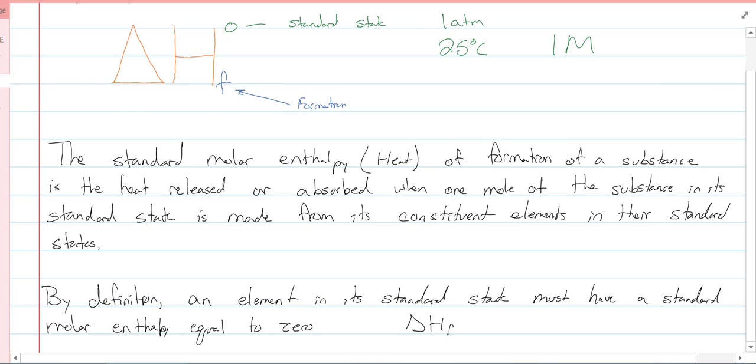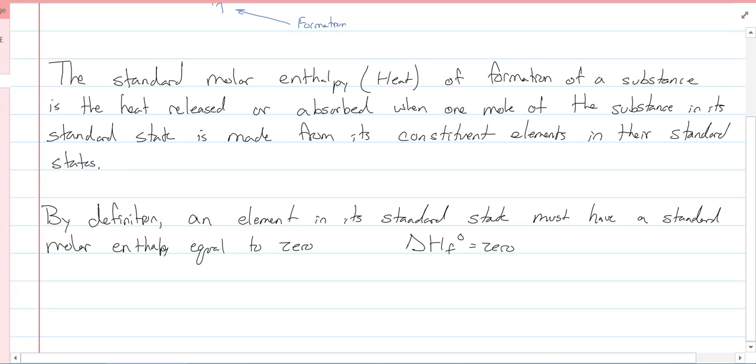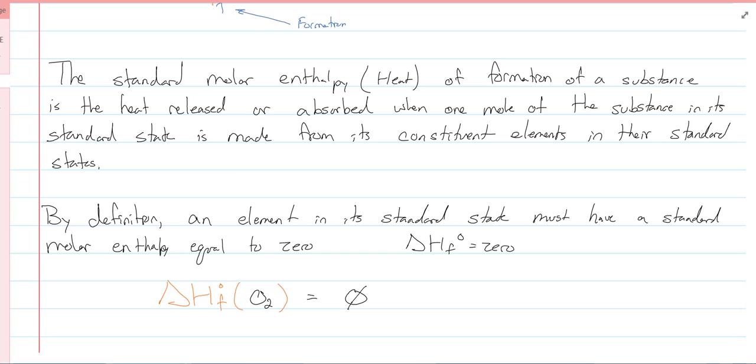Delta HF standard equals 0. What do I mean? So if I look up delta H standard formation of oxygen gas, let's say, that'll be 0. That's just what's going to happen. Because that's how it's made. That's how it's created. There is no creation of oxygen gas anymore. It's there. It's already been created.